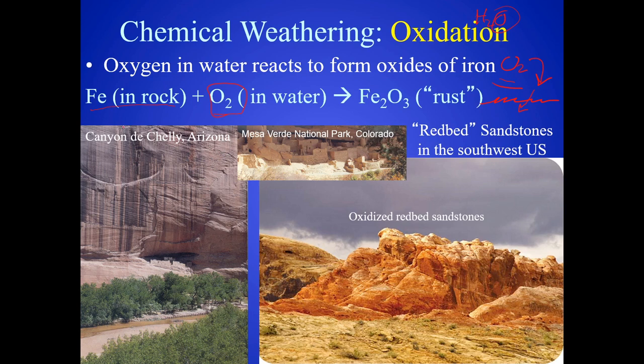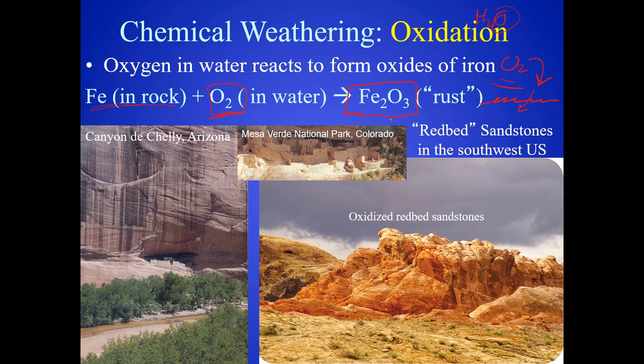Iron is a very common component in a lot of different rocks, and the iron in those rocks can react with the oxygen in the water and basically rust, creating Fe2O3, hematite, which is rust. That's literally what rust is. Whenever you see rust, it is a mineral called hematite, Fe2O3.